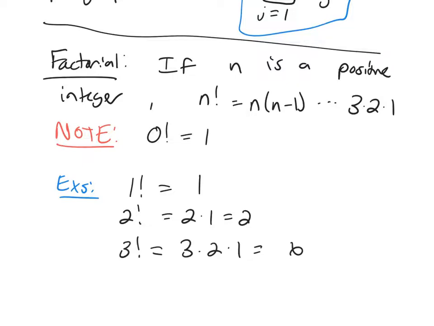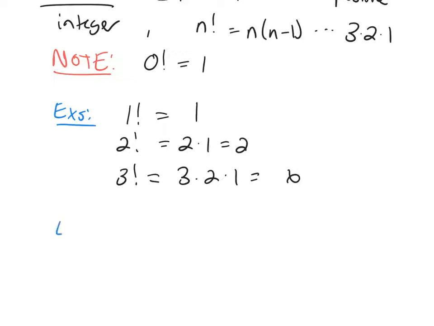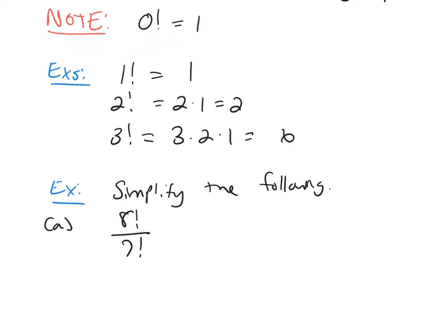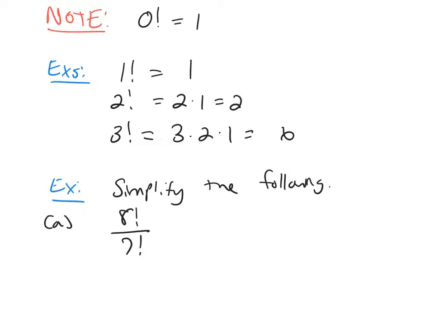All right, so let's simplify some factorials. Simplify the following. 8 factorial over 7 factorial. Well, 8 factorial is the same thing as 8 times 7 factorial. And so now the factorials are identical, so I can cancel them out, and this will be 8.